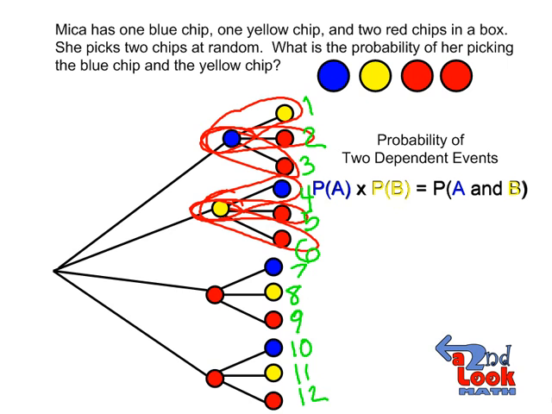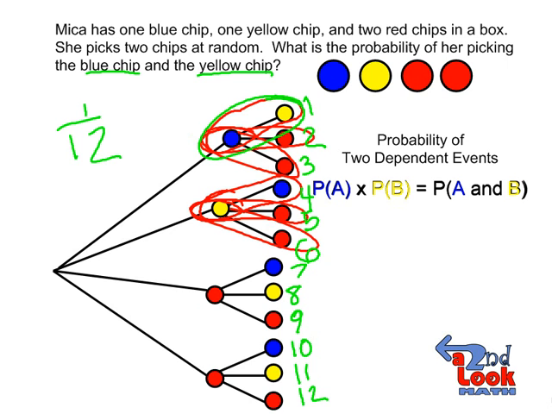Of these 12 combinations, only a few actually involve what the problem is asking, a blue chip and then a yellow chip. In fact, blue chip and then yellow chip happens only one time in the entire set of 12. So we would expect blue then yellow to happen 1 out of 12 times, and that would be the probability that we would expect based on our drawing.